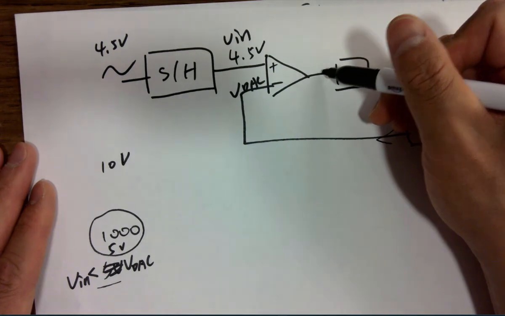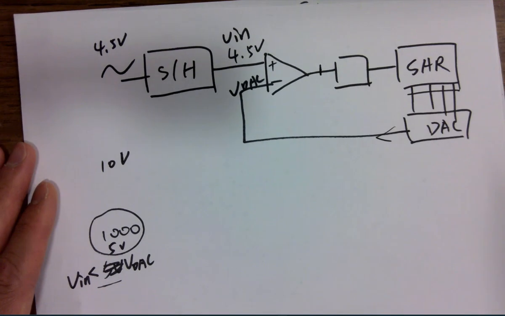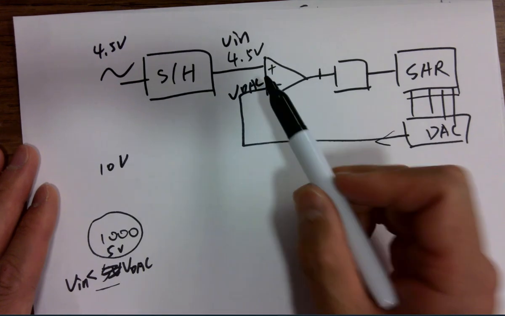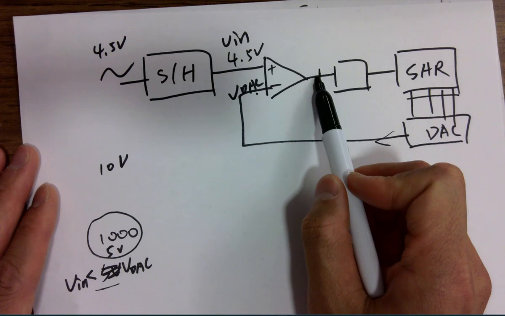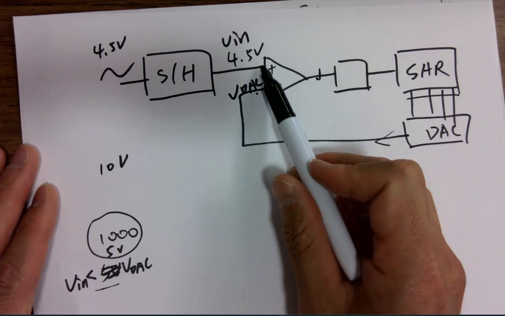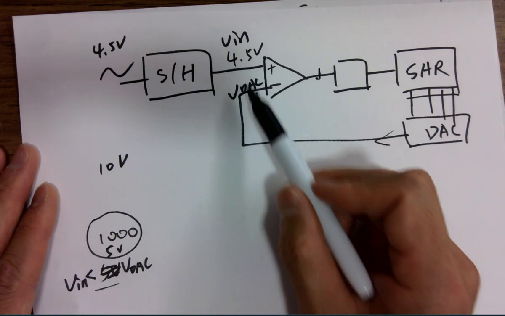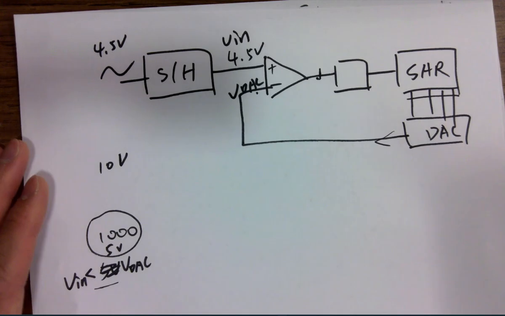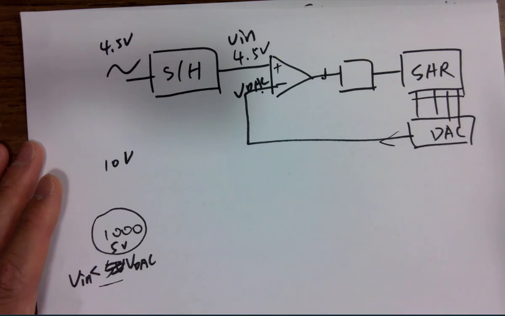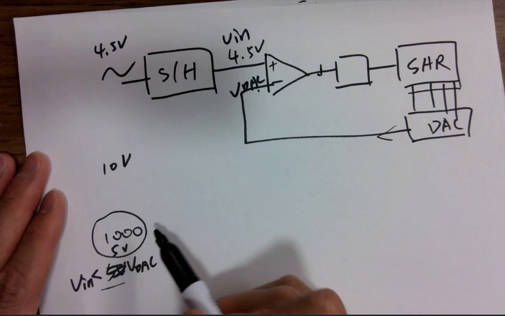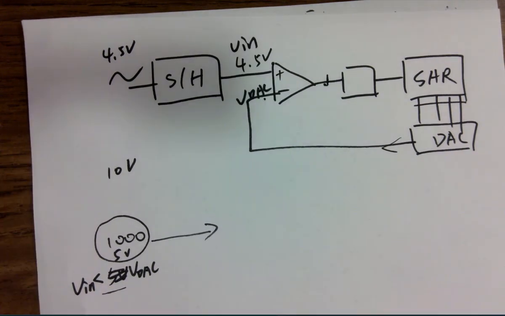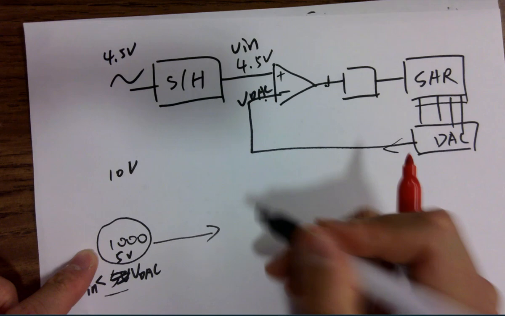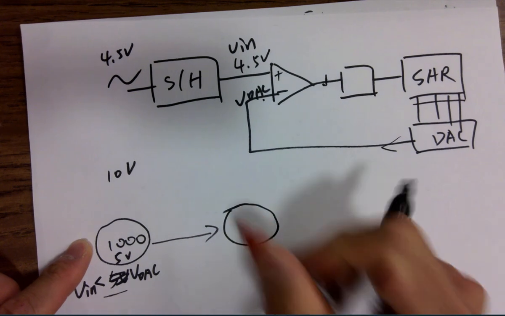So what the output would be over here? Five volts. 4.5. What's the output? 0. Yeah, 0. Okay, so 0 means you want to put the 0 where? Yes, 0 here, right?